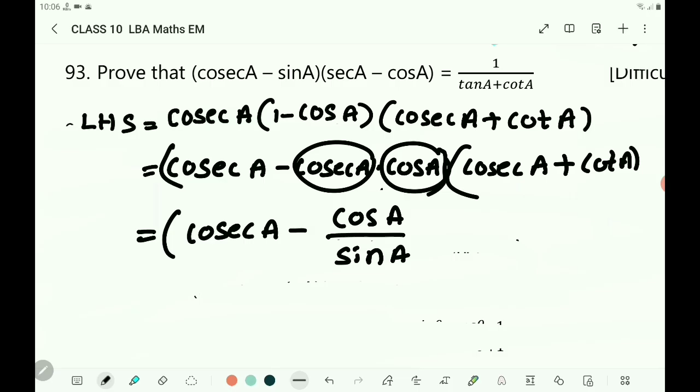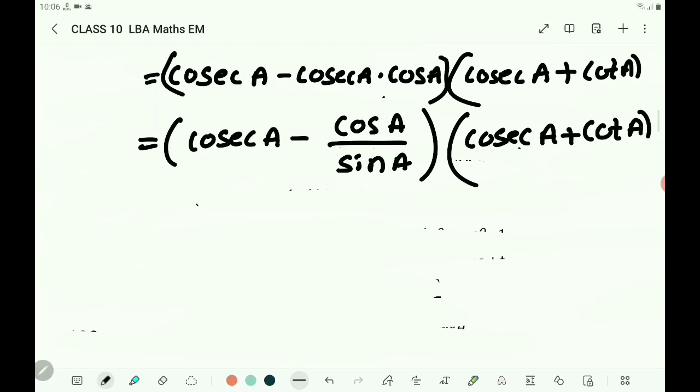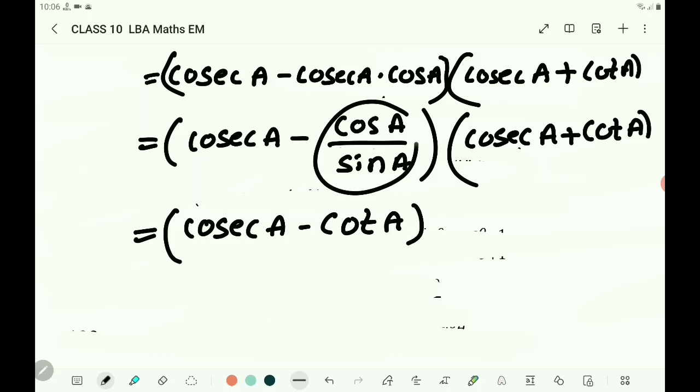Cosec A into cos A means cos A by sin A. Write this cosec A plus cot A as it is. It becomes cosec A minus cot A, because cos by sin is cot.